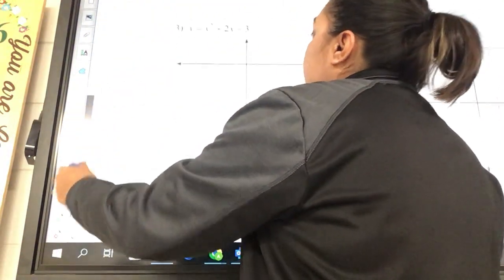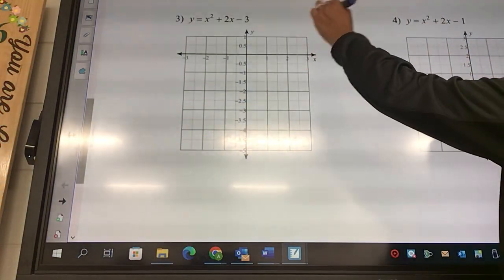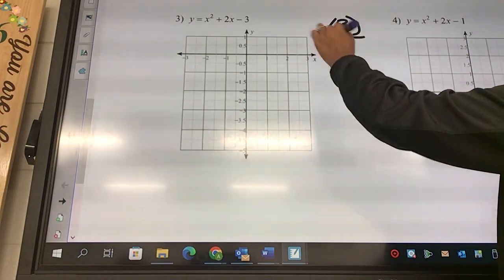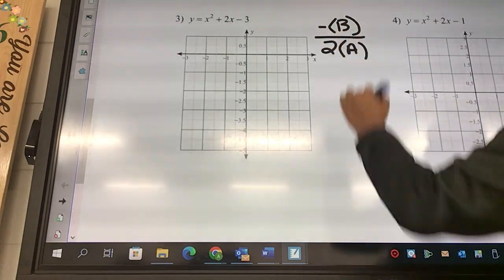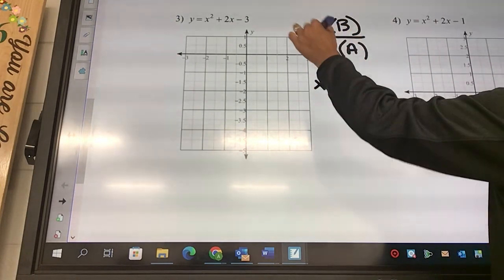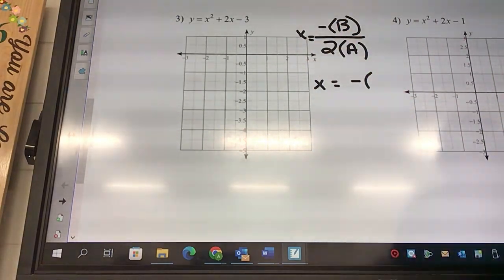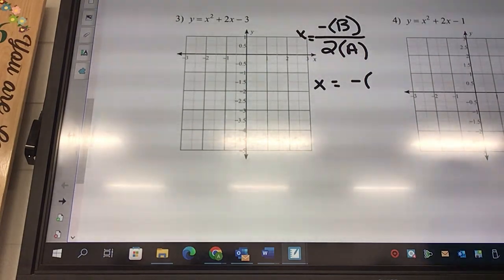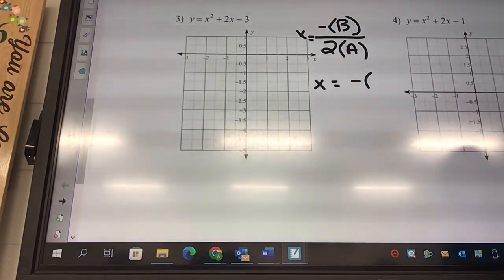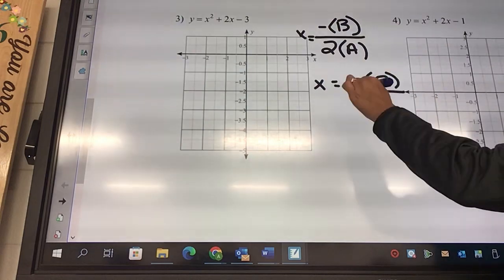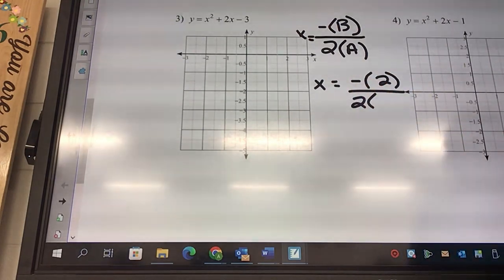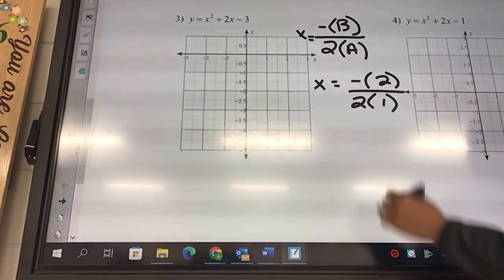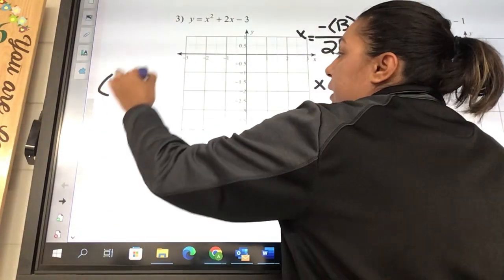For 3, we got negative b over 2 times my a. So negative, what is my b? 2 over 2 times my a, 1. Type that in, see what you get.